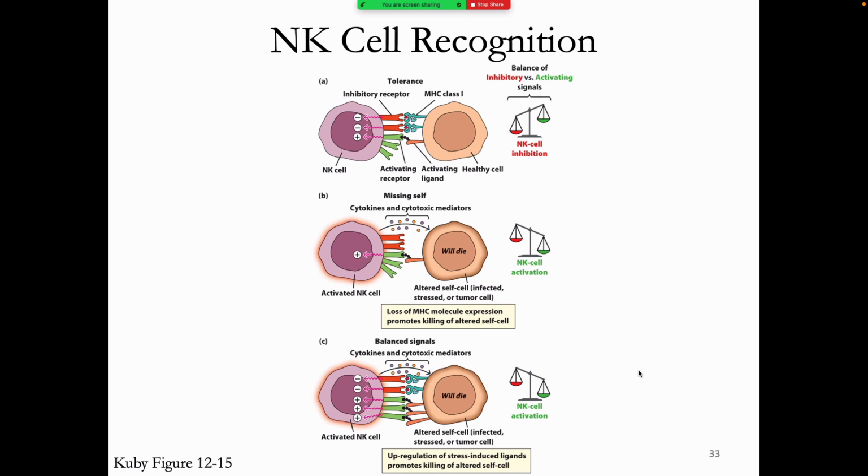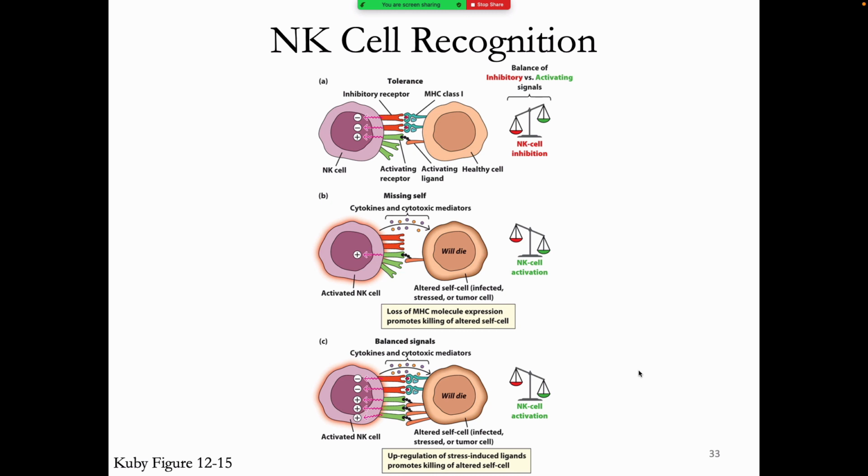If it mostly gets inhibitory signals, so you can see here it has 2 inhibits and 1 activate, the sum is inhibit, and the NK cell won't kill. The NK cell mostly has activates and no inhibits. So here we've got 1 activate, 0 inhibits, mostly on the activation side. The NK cell is going to kill.